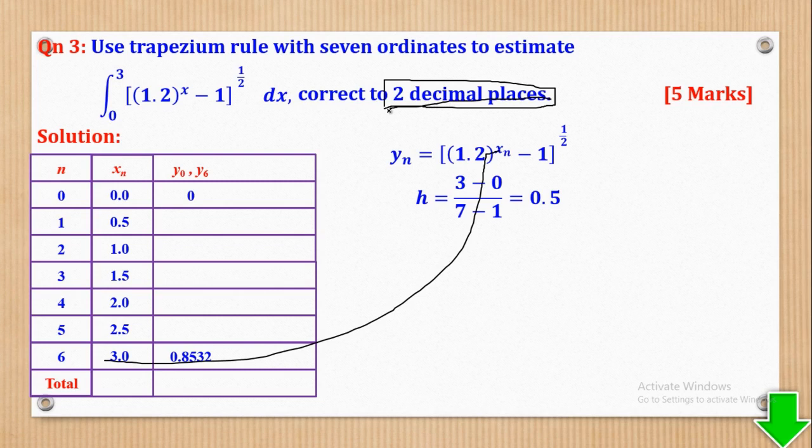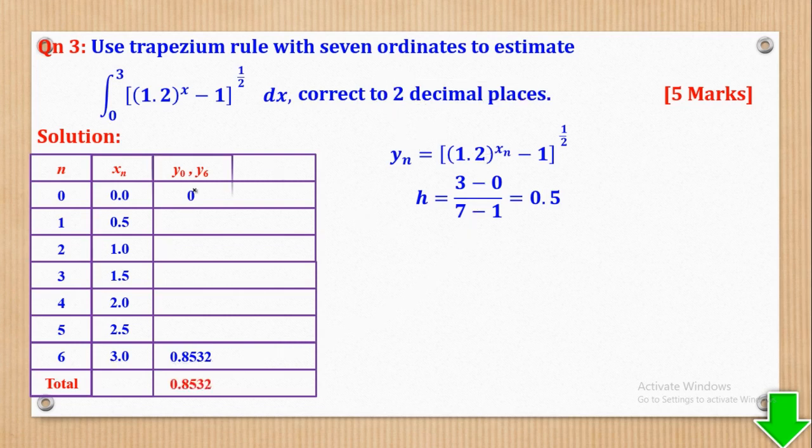If they give you 2, you add 2 to get 4 decimal places. If they want the accuracy to 3 decimal places, you add 2 to get 5 decimal places, like that. So keep on adding 2 more decimal places while working out. Then at the very end, that's when you round off to the required number of decimal places. Now when I add this to this, I'll come up with that.